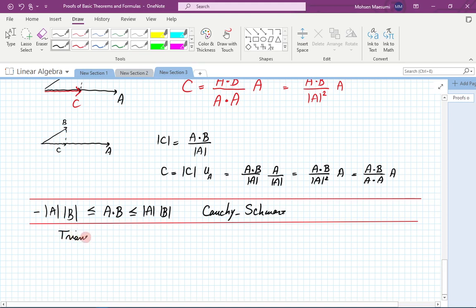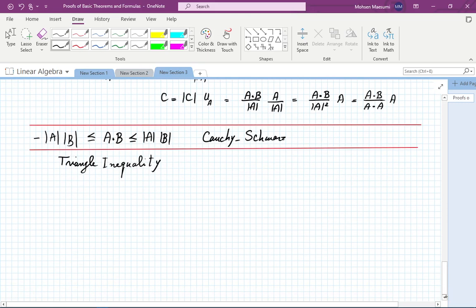Then you have something more significant than that, the so-called triangle inequality. We said there that if you add two vectors and then take the length of it, it's less than if you take the length of each of them and add them up.